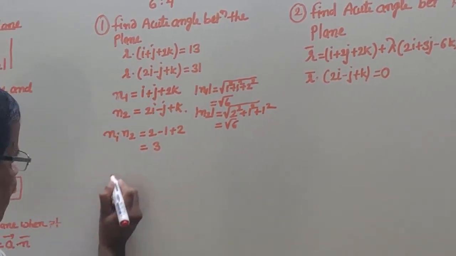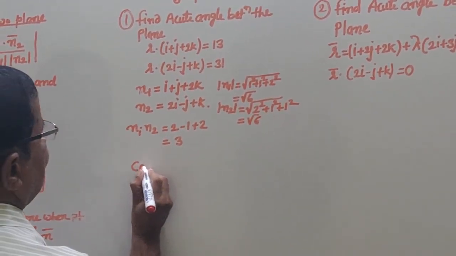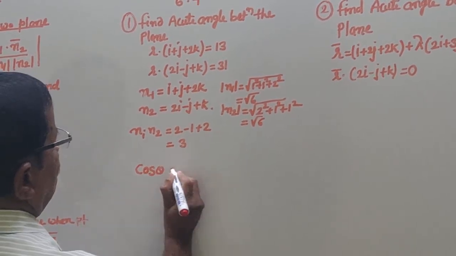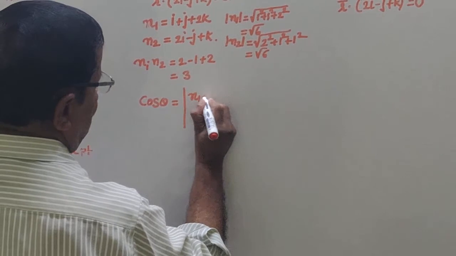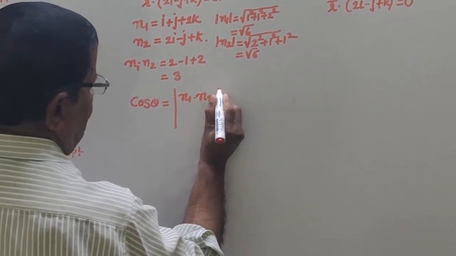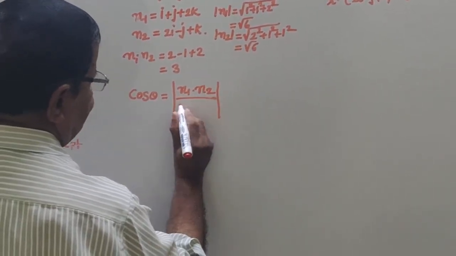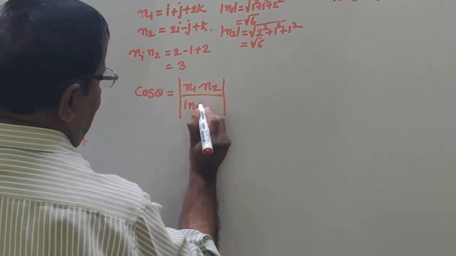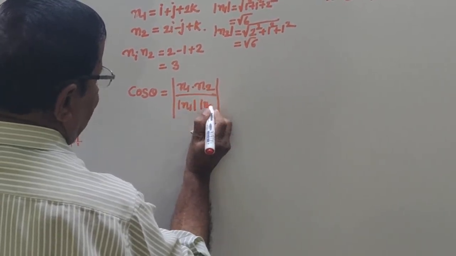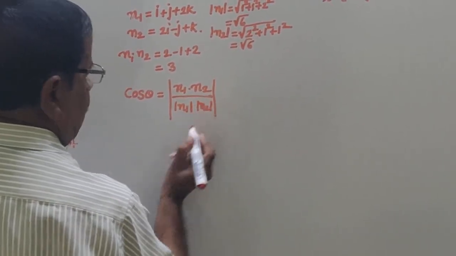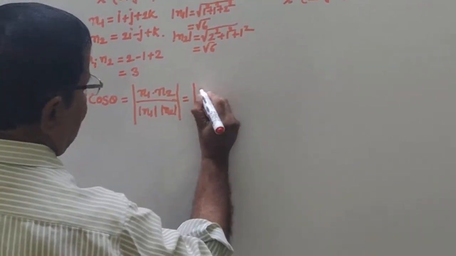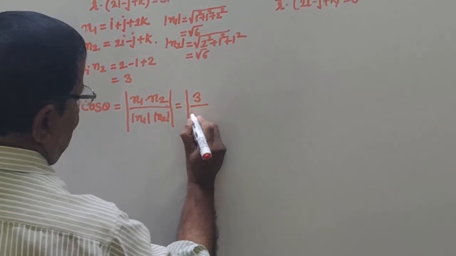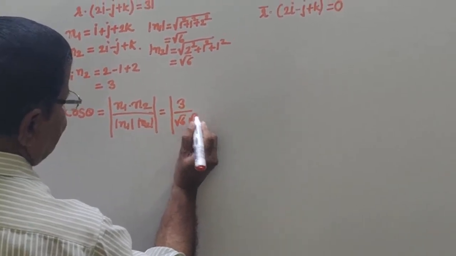Now I am writing the formula: cos theta is equal to n1 dot n2 upon magnitude of n1 into magnitude of n2. Substituting the values, I get 3 upon root 6 into root 6.